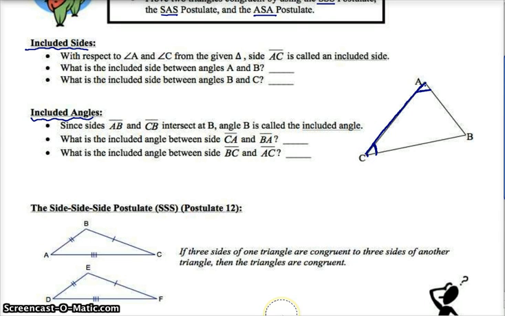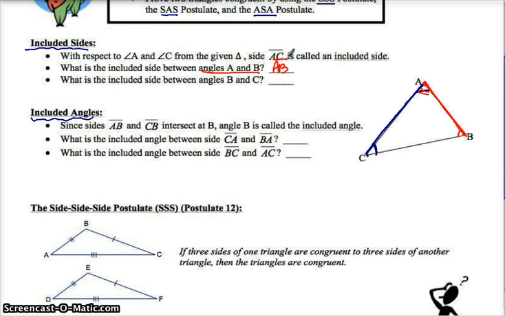So if you look at the next two letters, it says, what is the included side between angles A and B? So if I'm looking at angle A and angle B, then I must talk about side AB as the included side.